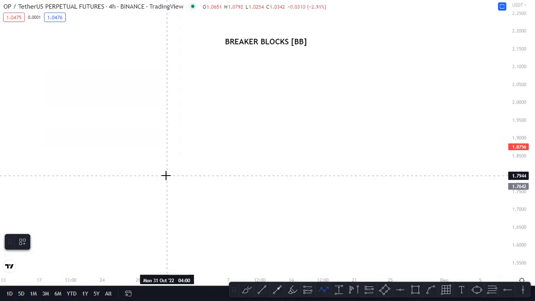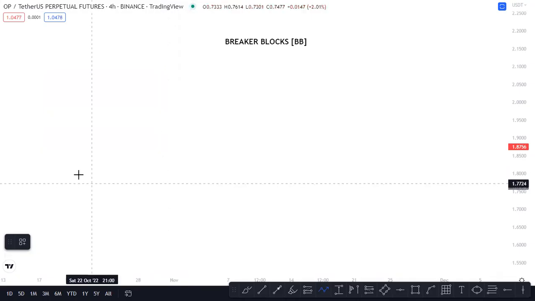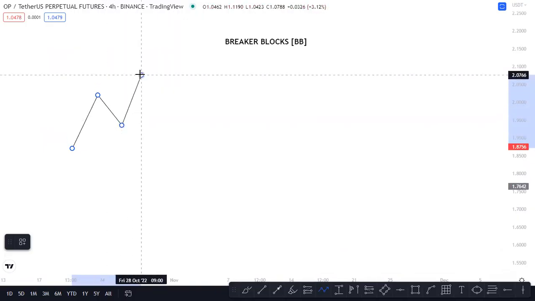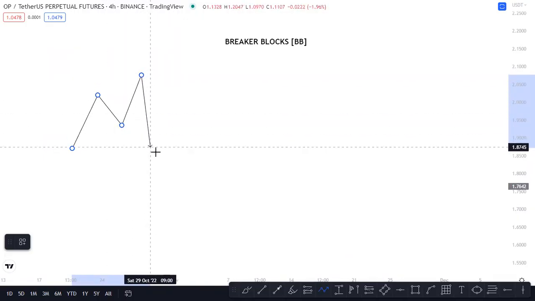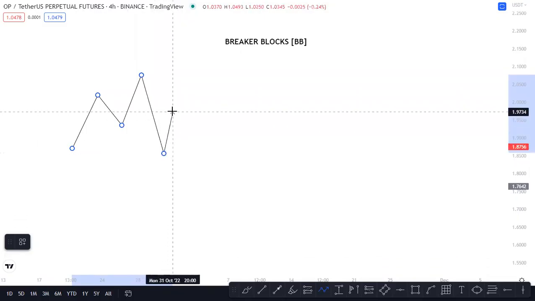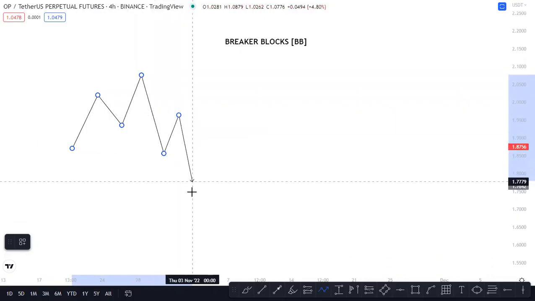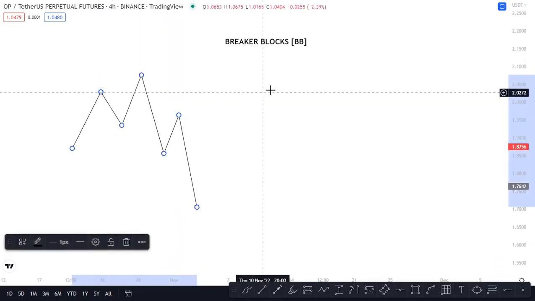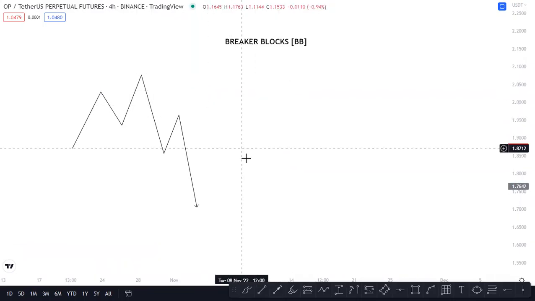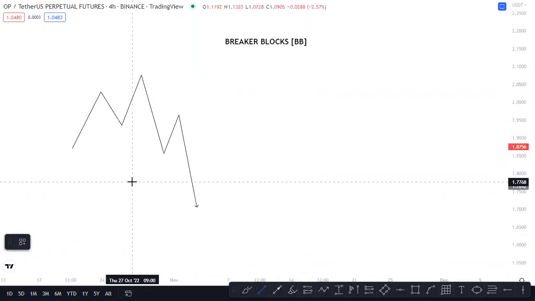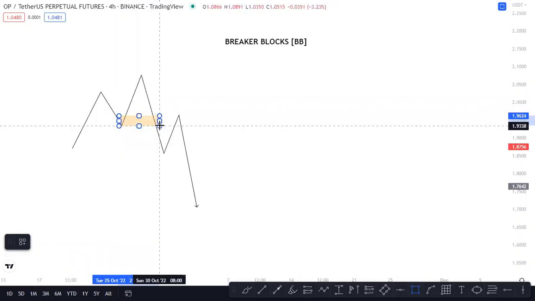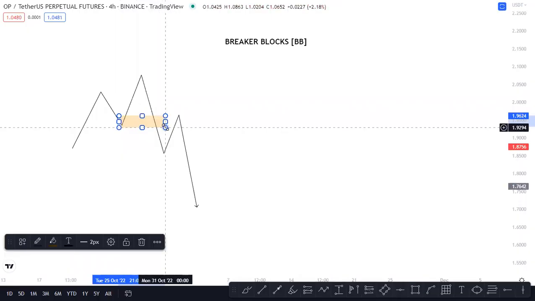Now we have scenarios like this. Let me start with the sell scenario. Looking at this scenario, we see price coming from an actual demand zone.